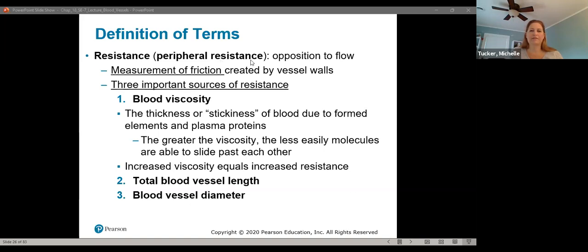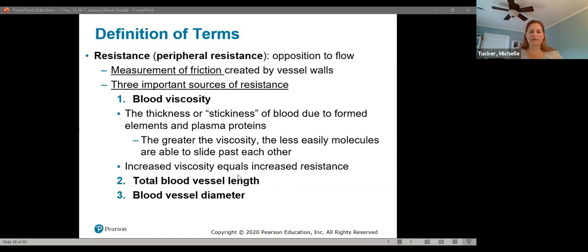There are three factors that affect total peripheral resistance. One is blood viscosity, and this one doesn't change tremendously under normal circumstances, but increased viscosity equals an increase in resistance.